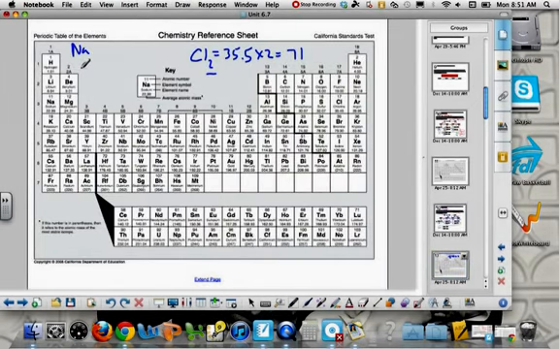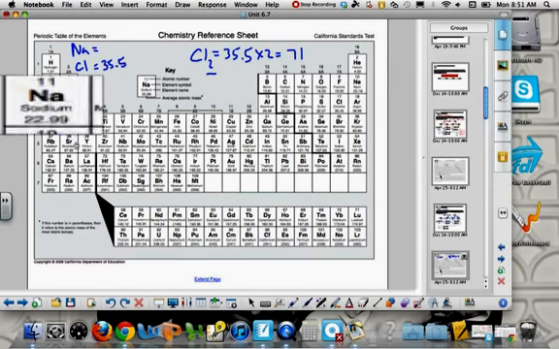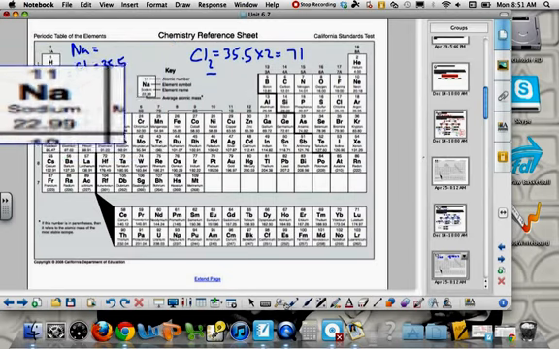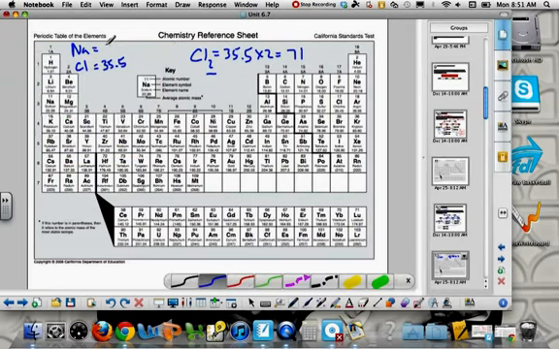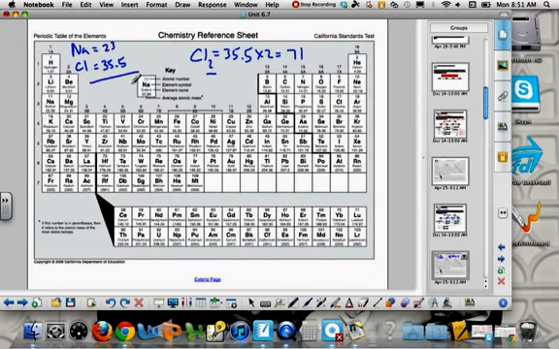So I have Na and I have Cl, that's my formula. So let's look this up. Well, we already did chlorine, it was 35.5. We looked that up from the periodic table. And if we zoom in on sodium real quick, it's 22.99, so let's say that that's just 23. And I want to add these two together to get my mass for my sodium chloride, which is just going to be 58.5.